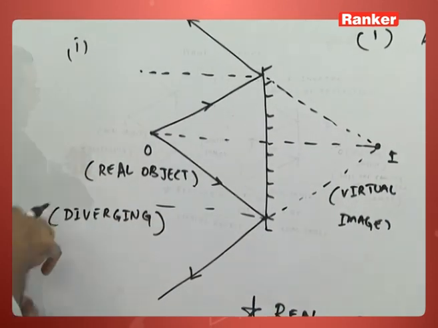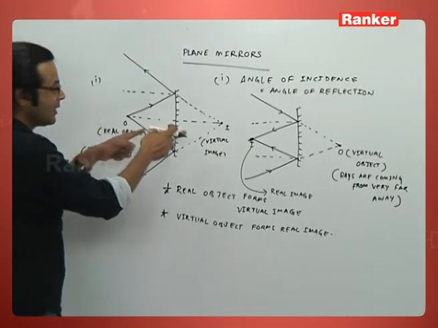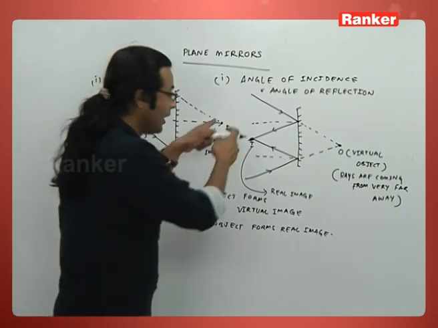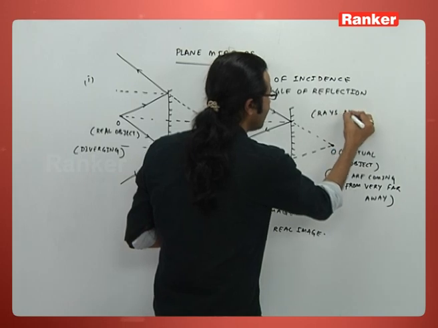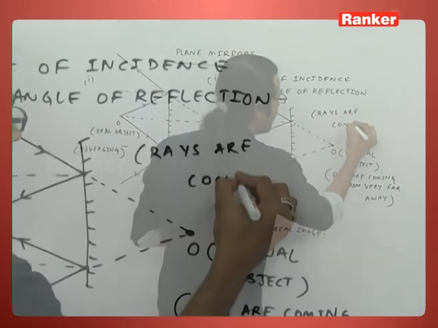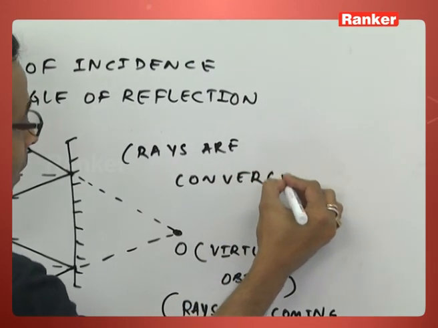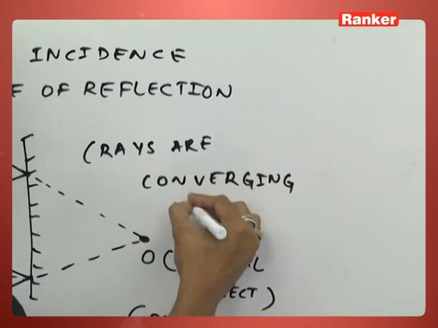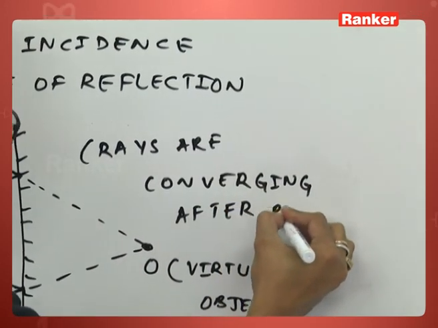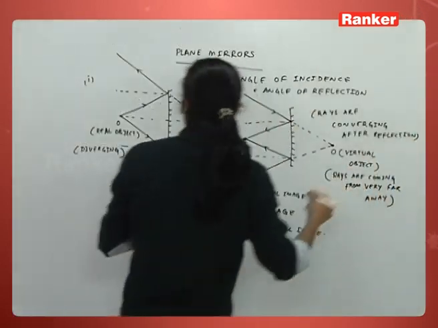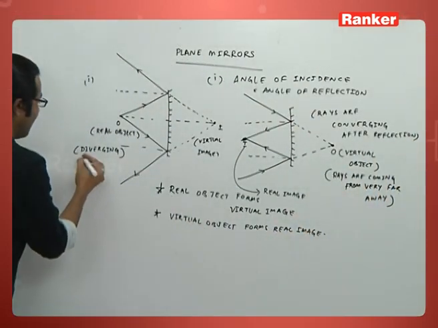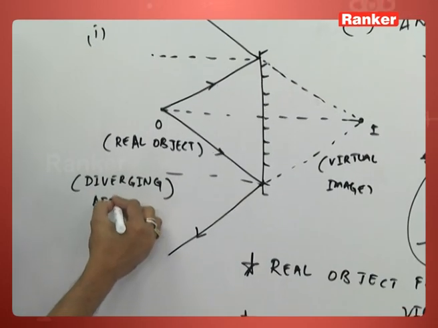That means when the rays are diverging, we can say a virtual image is formed, and here you can say the rays are converging after reflection. Here also I can say the rays are diverging after reflection.